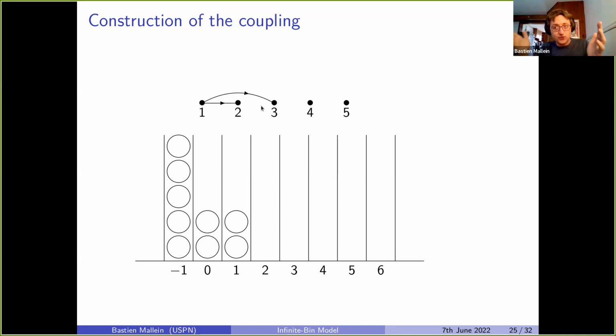If it is connected to vertex 3, then the length of the path ending at 5 is equal to the length of the path ending at 3 plus 1. If it is not connected to 3, with probability 1 minus P, it again has probability P to be connected to vertex 2. If it is connected to vertex 2, then it will have a path of length 2, so I will add a ball in the bin of index 2.